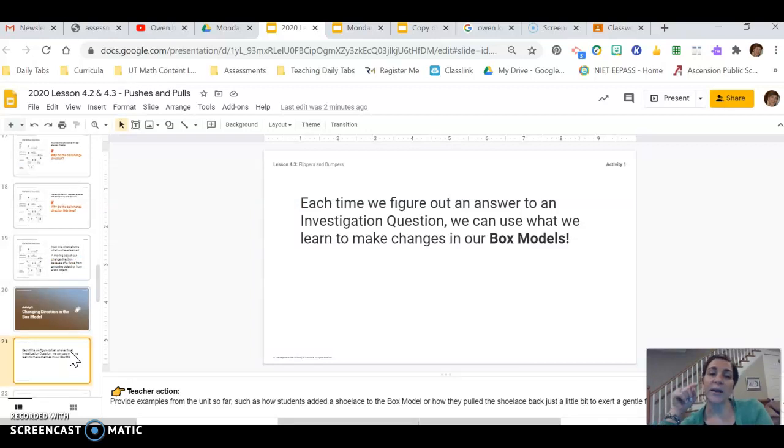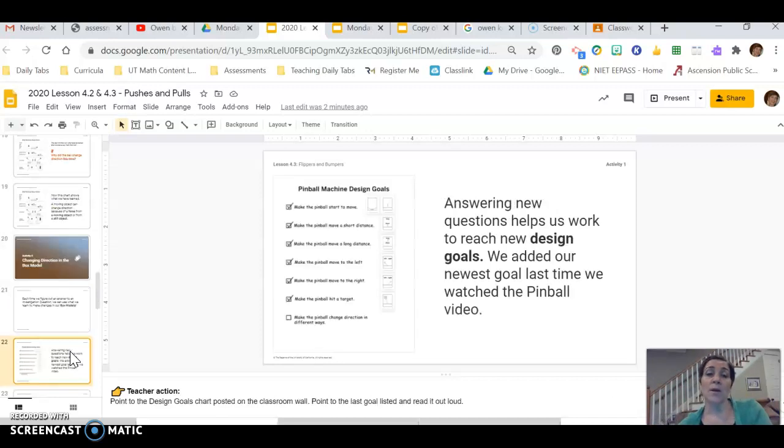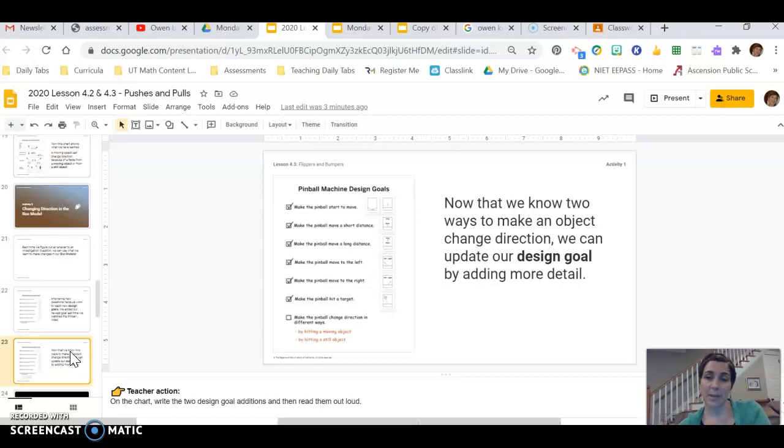Each time we figure out an answer to an investigation question, like how does it change directions, we can use what we're learning to change our box model. So we're going to think of some goals today, and we want to make our pinball machine or our box model change directions. So let's see. We're going to come up with some designs.